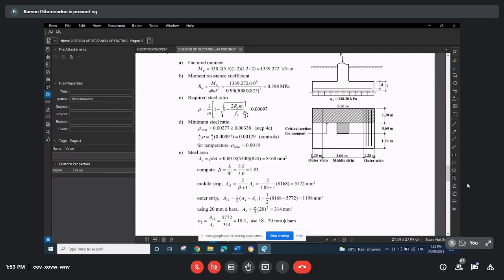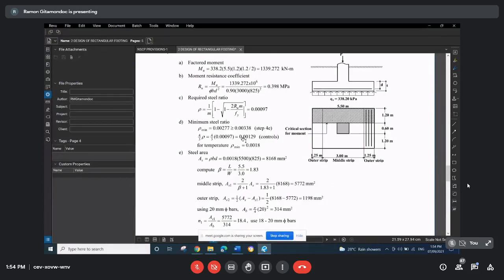It is very much lower than rho minimum. So the code allows us to use rho less than rho minimum, provided we supply 33% more. So we take 4/3, that is 33% more. 4/3 of rho gives us 0.00129.